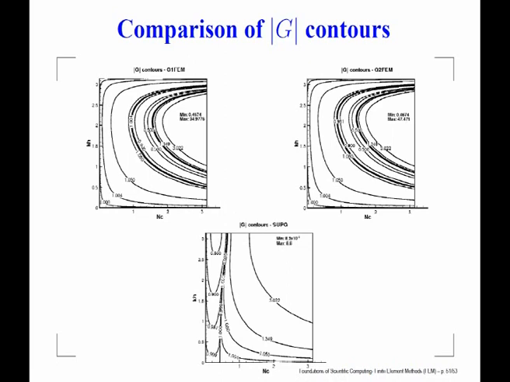This is your SUPG method. It is interesting to note that you are actually not allowed to take a very large value of NC, because this is also unstable, 1.004. This is 1.05 and so on and so forth, and it is also unstable in this region.